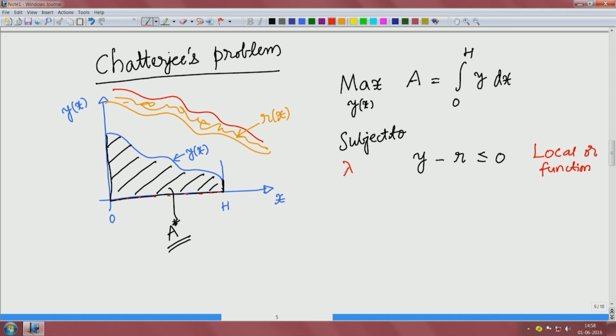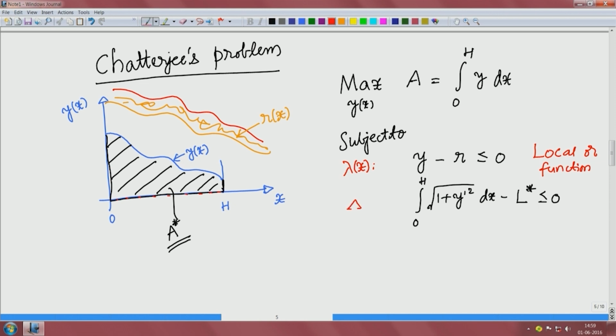There will be a corresponding Lagrange multiplier function there. We also have the constraint that the farmer has imposed, which is the length of the fence. Length of the fence, integral from 0 to h of square root of 1 plus y prime square dx, minus some L star that is chosen, is less than or equal to 0.